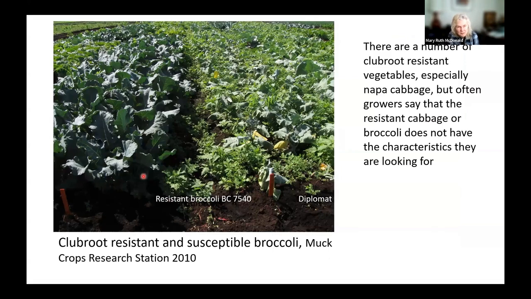Sorry, the resistant one is over here, and you can almost hardly see the broccoli in the other because it's small, wilted, and surrounded by so many weeds. We have reports on all of these if anyone's interested. I'm not going to show you the results, but there are several Napa cabbages that also have very effective resistance to clubroot.